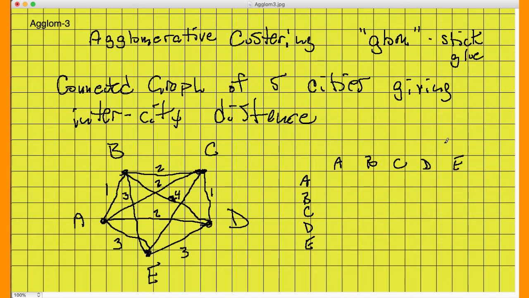And what it looks like is the following. So there's a 0 here, 1, 2, 2, 3. And then at B, I come down here and it is 1, 0, 2, 4, 3.